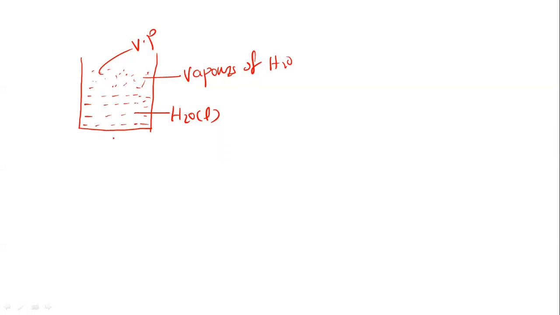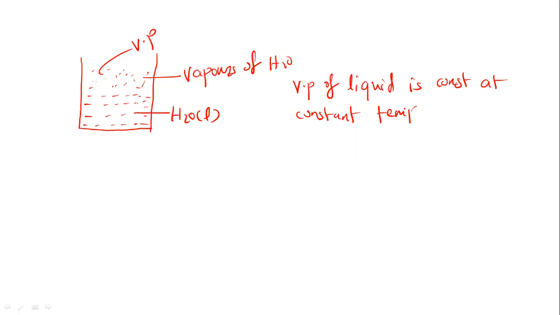Now the vapor pressure of a liquid is constant at constant temperature. If the temperature is constant, then vapor pressure is also constant.